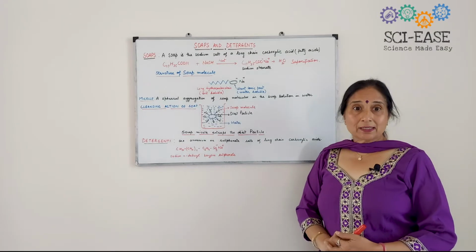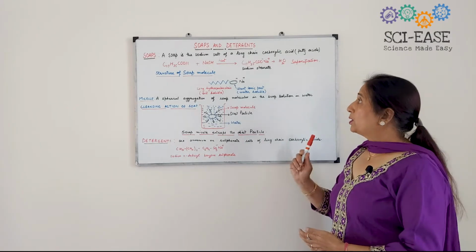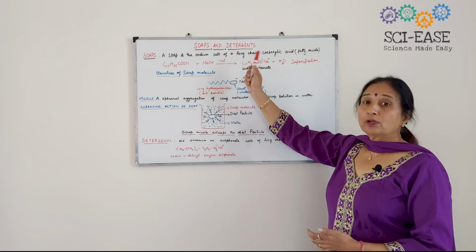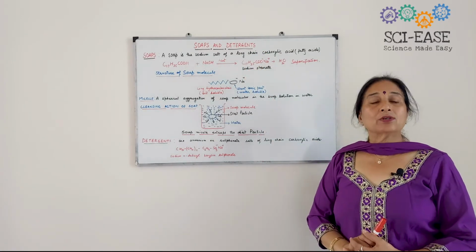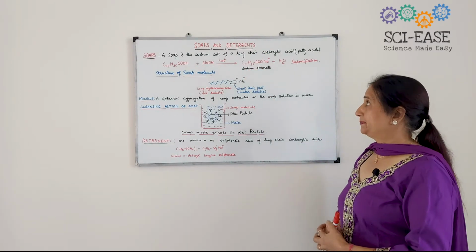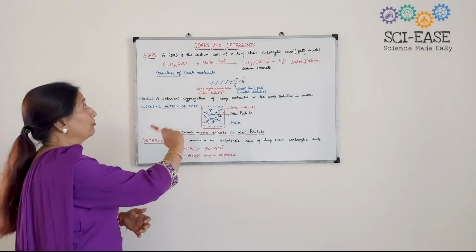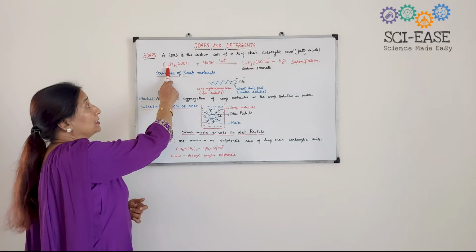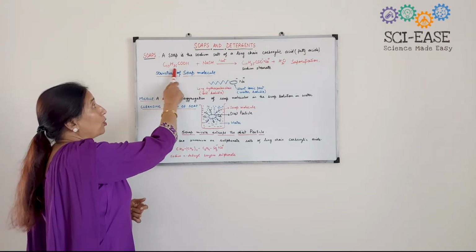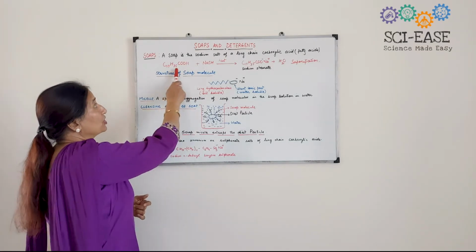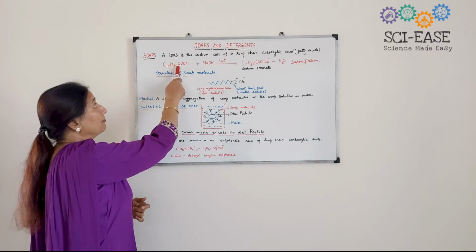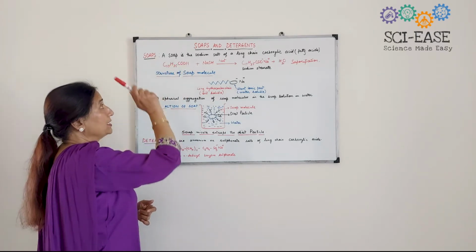A soap is a sodium or potassium salt of a long chain carboxylic acid or fatty acid. How can we form this? This is the carboxylic or fatty acid, a very long chain, C17H35COOH.